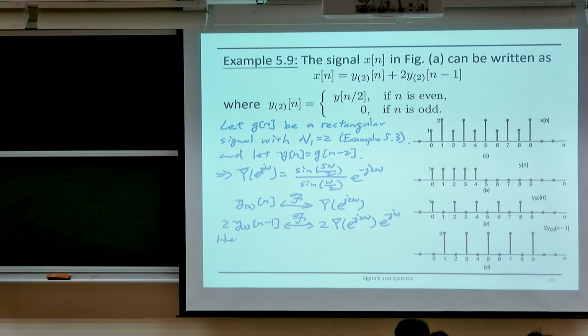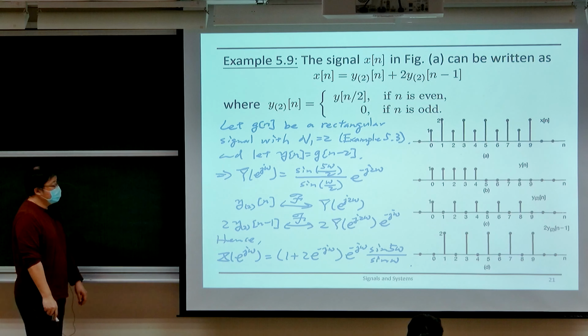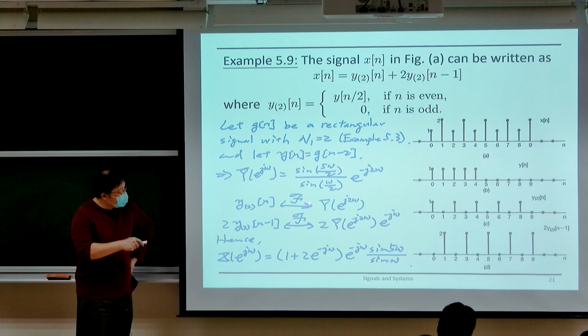Hence, X(e to the j omega) is equal to 1 plus 2 e to the power minus j omega, times e to the minus j omega, times sin 5 omega over sin omega. So I'm summing these two.